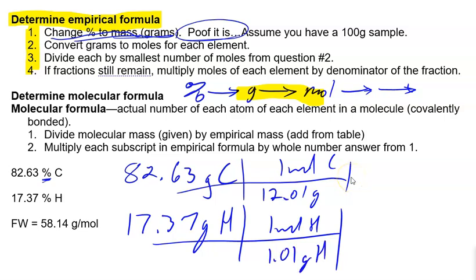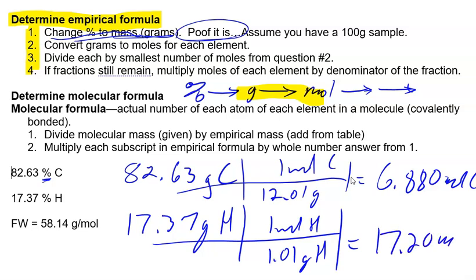So when you get the answer for this, you're going to get 6.880 moles of carbon, and you're going to get about 17.20 moles of hydrogen. So now we've done that. We have converted the percent to grams, and now we converted the grams to moles.